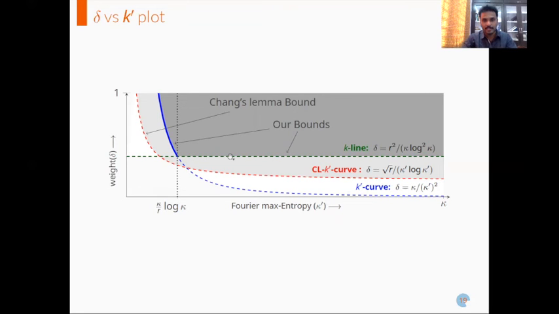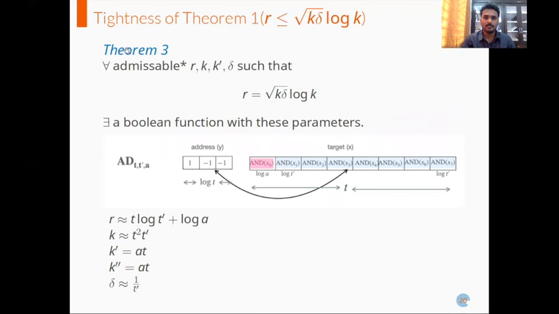We are going to give a function which has dimension R, sparsity K, and max entropy K prime, such that delta is given by R square by K log square K.